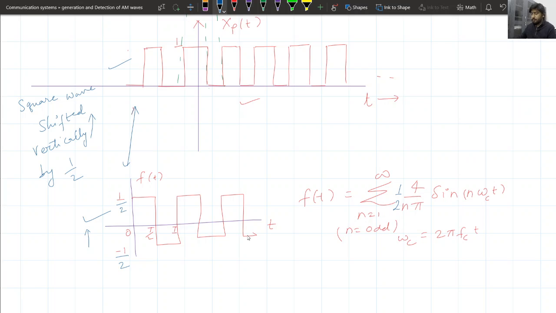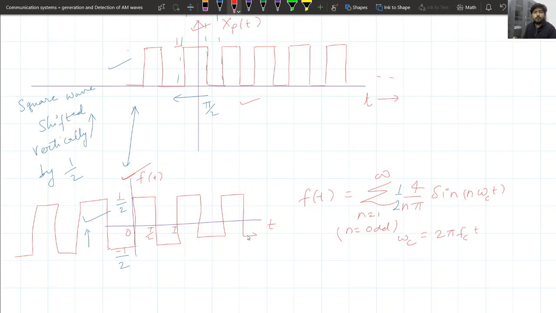If you want to add one thing more, it is shifted vertically as well as shifted leftward by an angle of pi by 2. This is a square wave. Right now this is an odd signal, and this is an even signal.